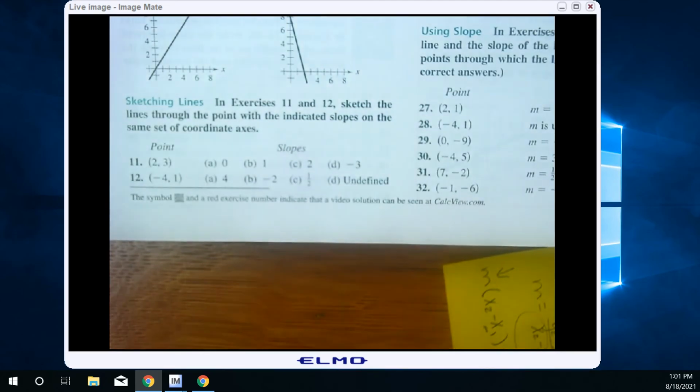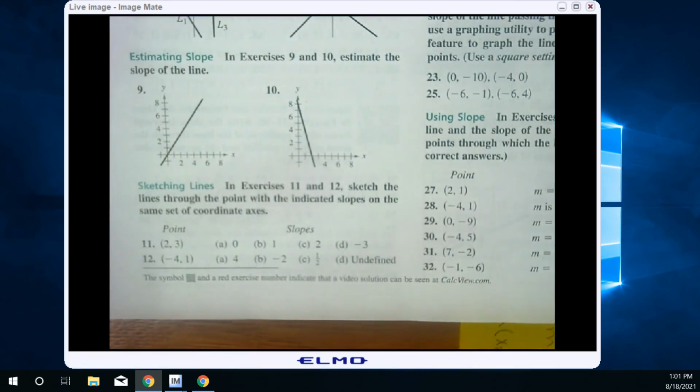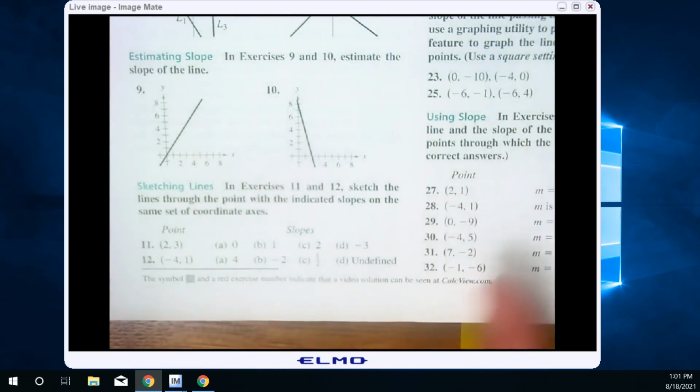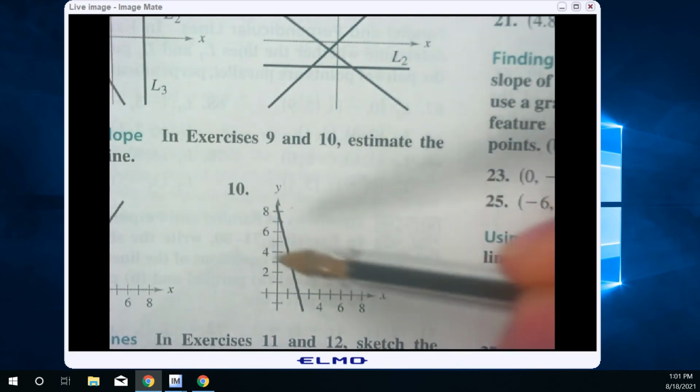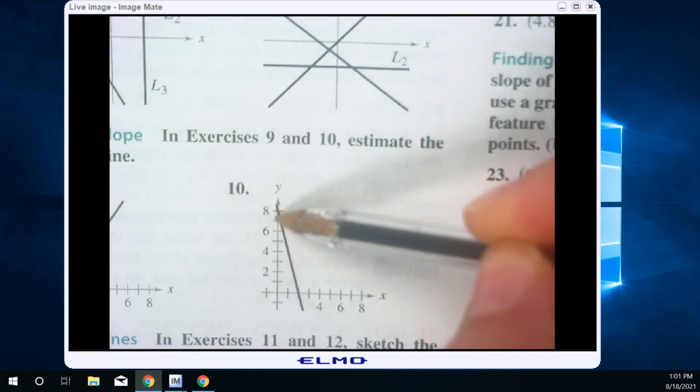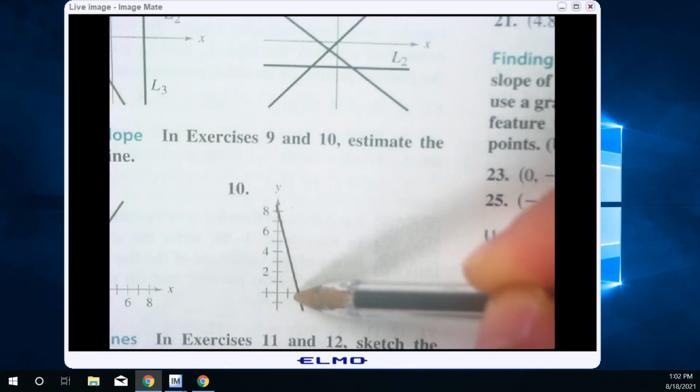Example 10. Estimate the slope of that line. Back from Algebra 1. How do you find the slope given a graph? Rise or fall over going right. All right, so I've started here at 8 and I go down and over.